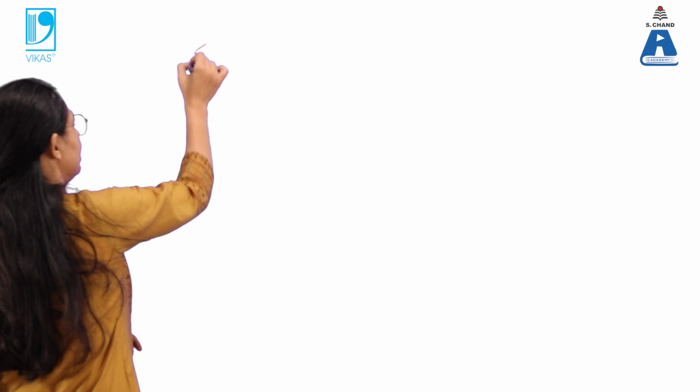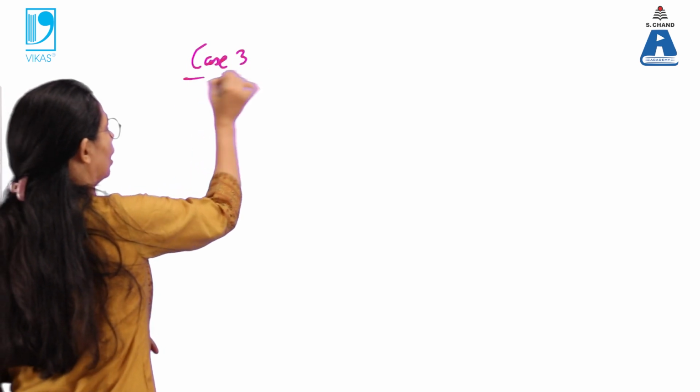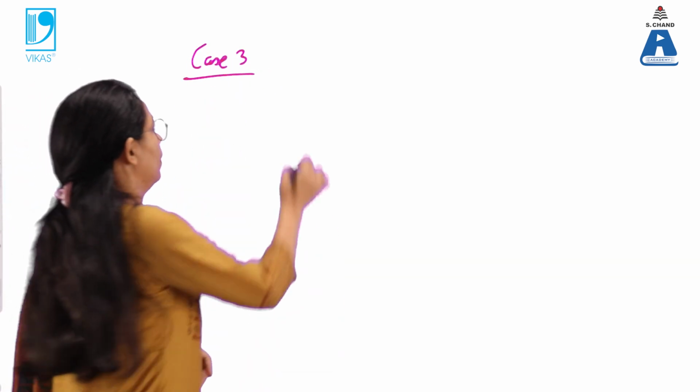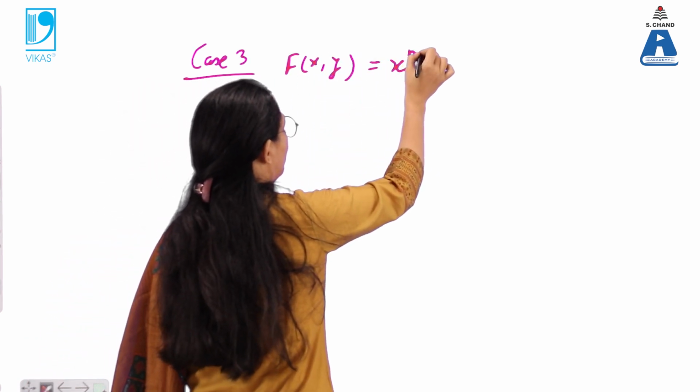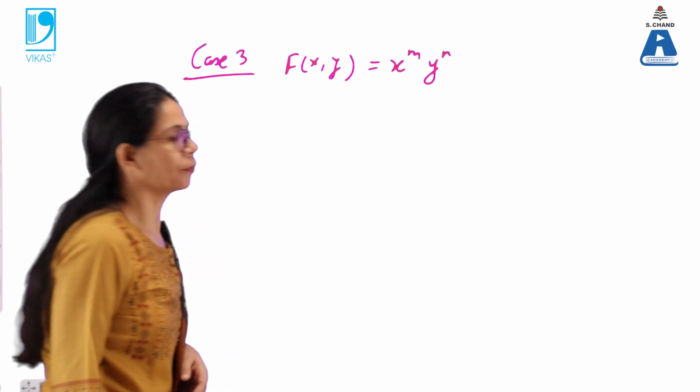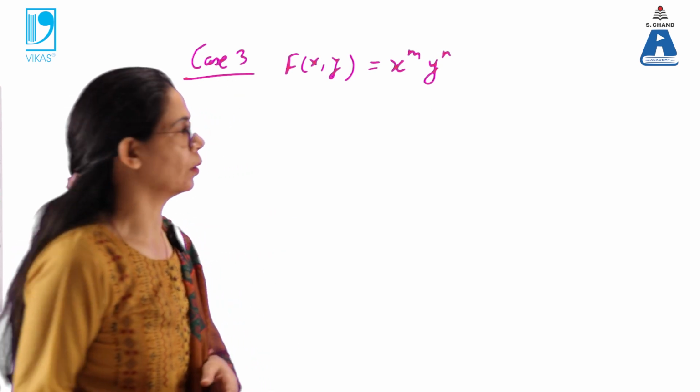Then case 3 is that if f(x,y) is of this form, x raised to the power m and y raised to the power n, where m and n are constants.